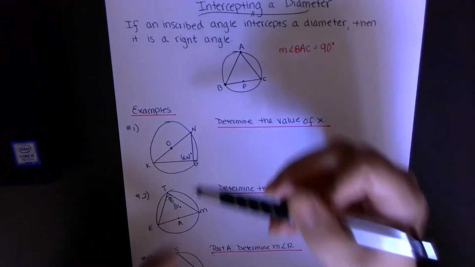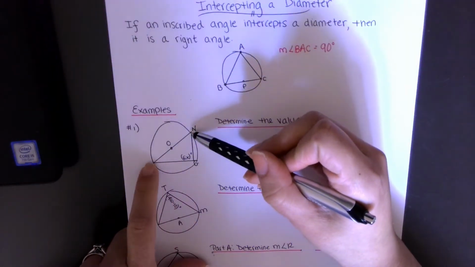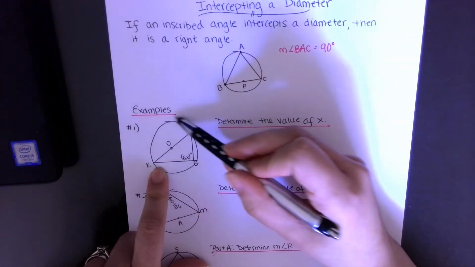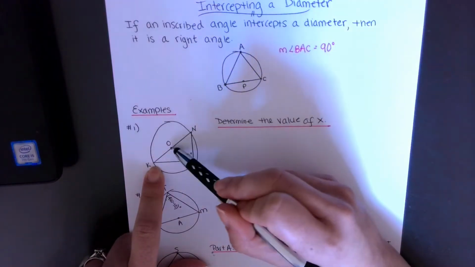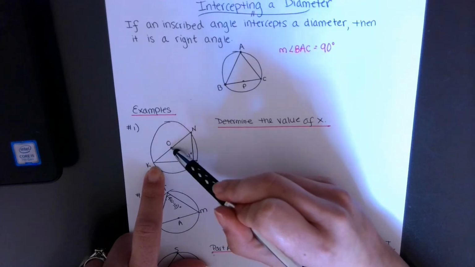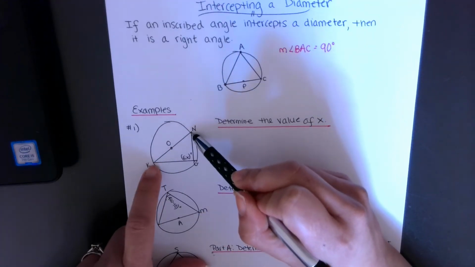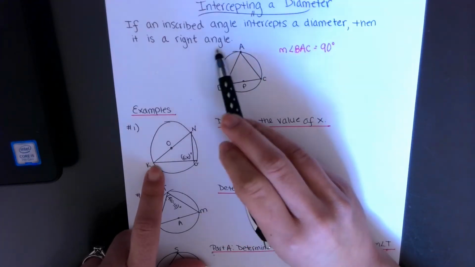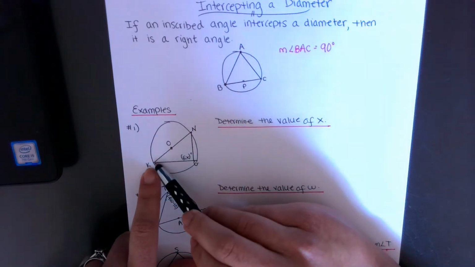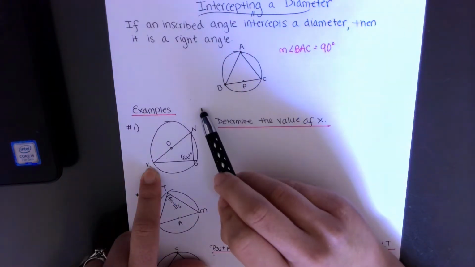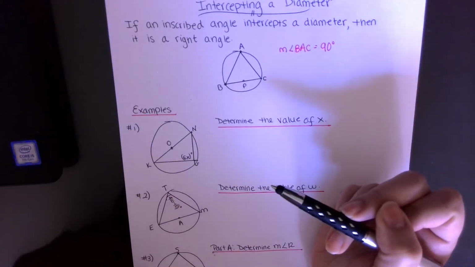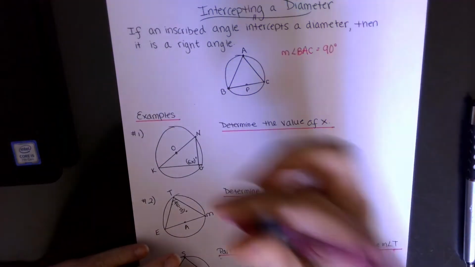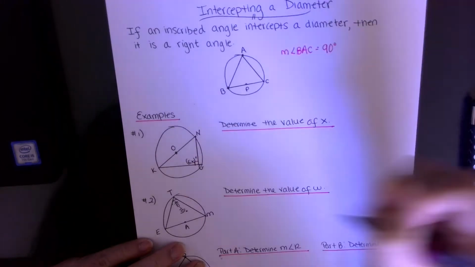So here, I notice the intercepted arc KN, these points are the diameter. This is the center of the circle, this is circle O, and these are the endpoints. Because if an inscribed angle intercepts a diameter, then it is a right angle, that means this angle G is going to be a right angle.